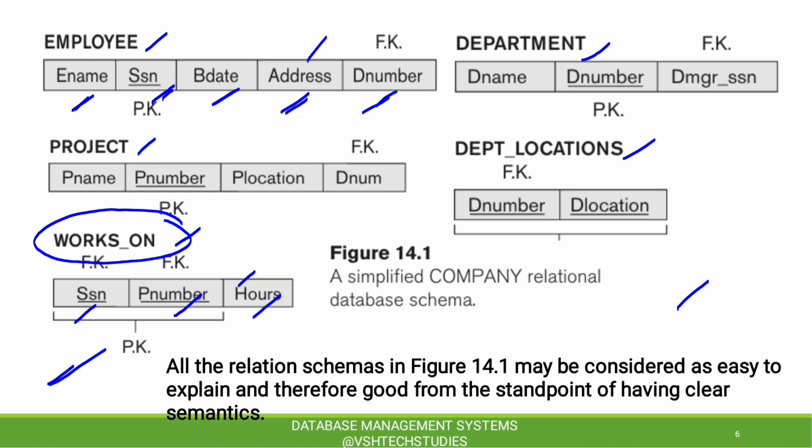This example set of relation schemas illustrates how easy it is to explain the semantics of attributes in a relation schema if the relation schema is made to group attributes of only one entity type or only one relationship type, according to guideline 1.